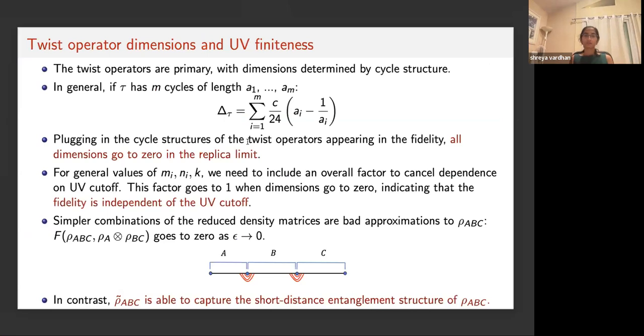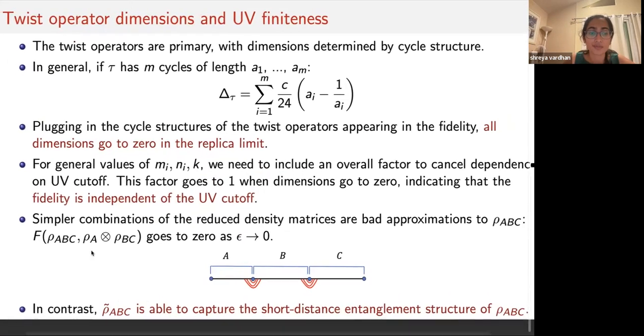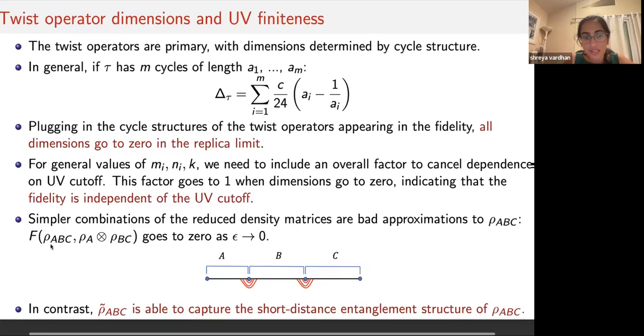This is kind of interesting because the formula that I wrote down for rho tilde involved a combination of the reduced density matrices on AB, BC, and B. If you made some simpler combination of these reduced density matrices, then the fidelity of that with rho ABC would just go to 0 in the continuum limit. The simplest thing you can try is the fidelity between rho ABC and rho A tensor rho BC.